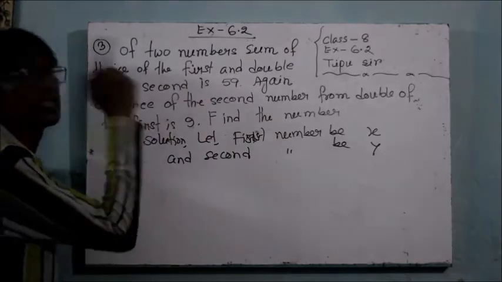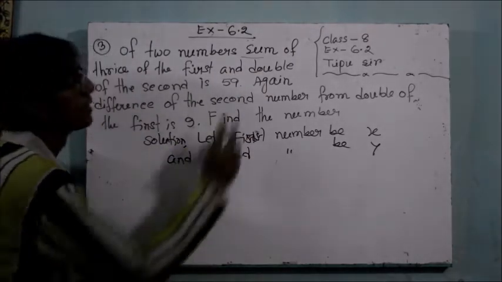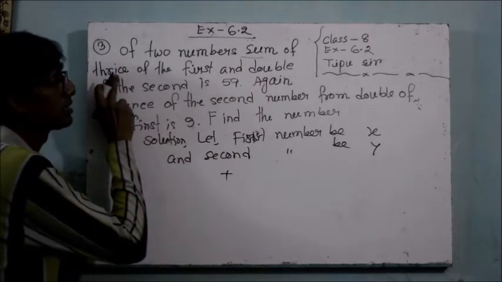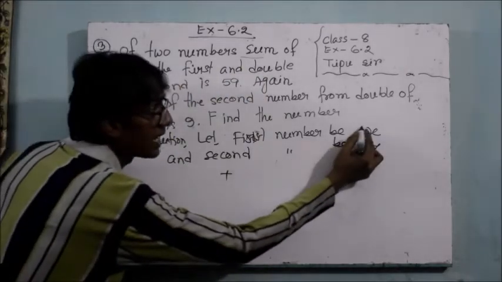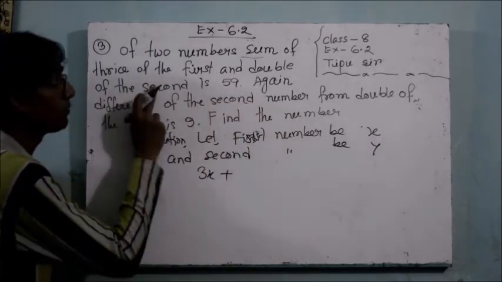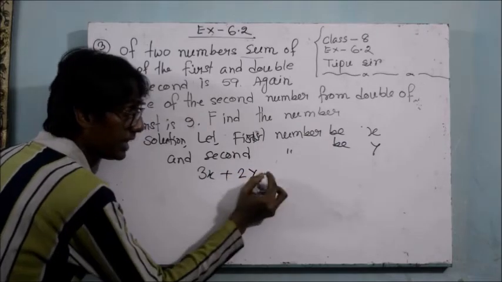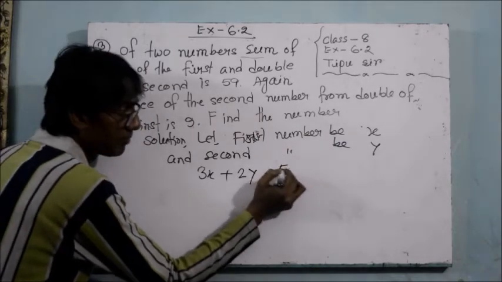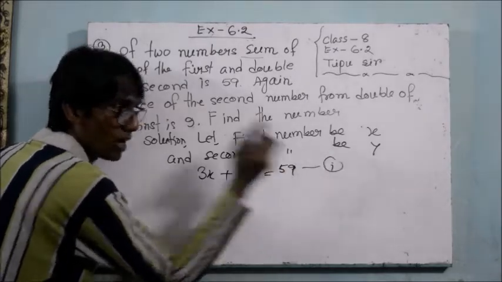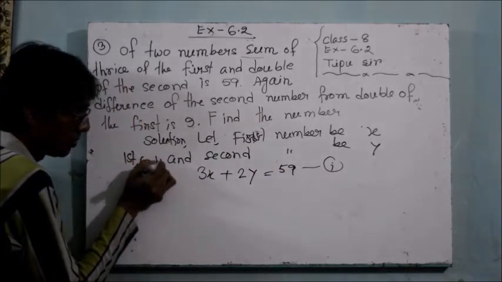Now look at the first condition: sum, that means sum of what? Thrice of the first, that means 3x, and double of the second, that means 2 times the second, equal to 59. This is equation number 1 according to the first condition.